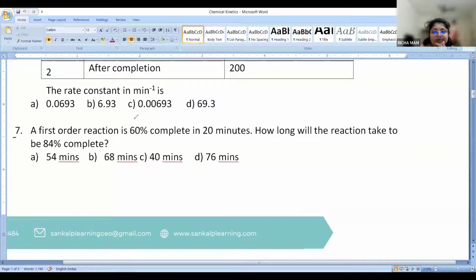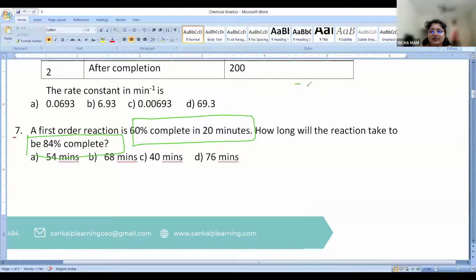For 60% to complete, it is taking 20 minutes. So how much time will it take to be 84% complete? How are you going to solve this?